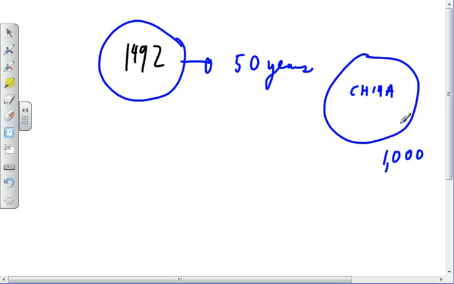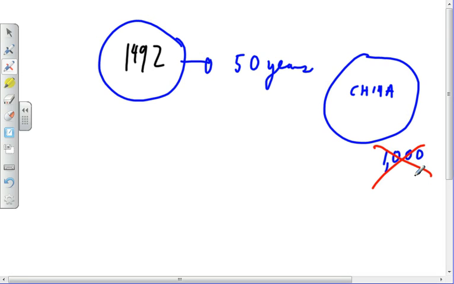That was his plan. Luckily, China has an emperor. The emperor changed. The new emperor said, "That's a waste of money. We already have the whole world right here in China." They burned their 1,000 ships.